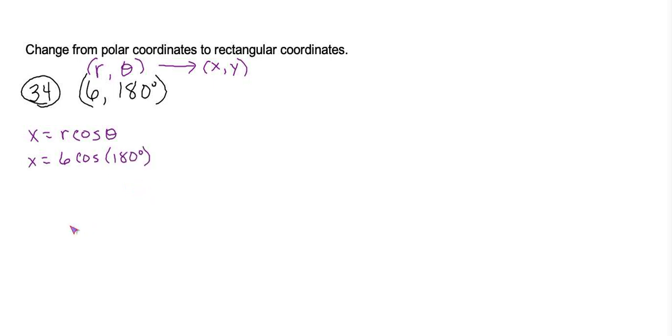So finding those values, I know that cosine of 180 is -1. So x is -6. Then to find y, I know that y is r sine theta. So y equals r, which is 6, times sine of 180.